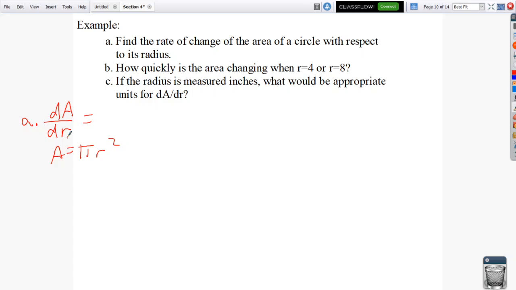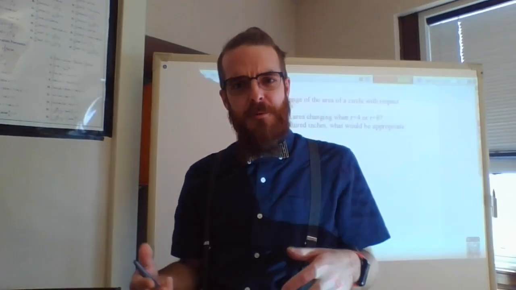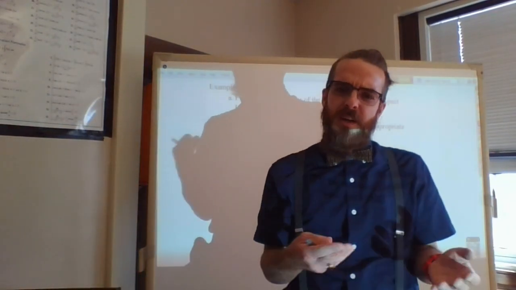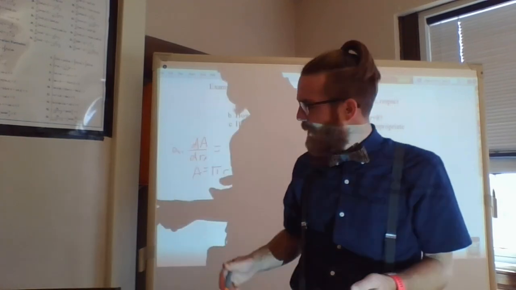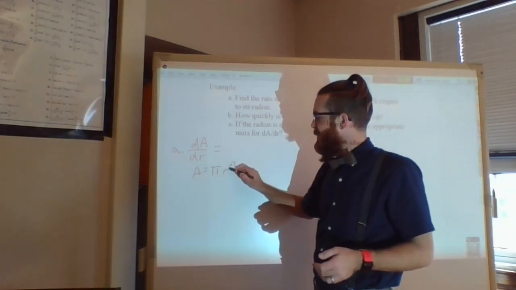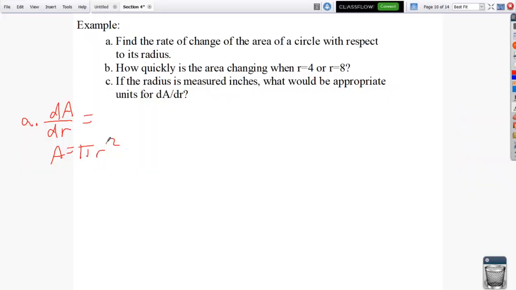So far, most derivatives that we've calculated have been with respect to x. We've done some with respect to t, but now we're just going to do the exact same thing, treat r like it's your variable. So looking at this, I've got pi as a constant, r is a variable. I want to take the derivative of r squared. Drop the 2 down and take 1 away. This becomes 2 pi r. Hey, cool.